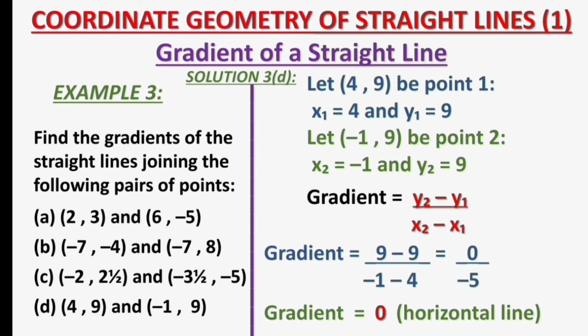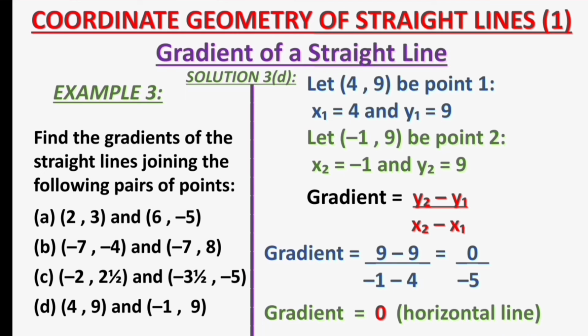When you substitute your values into the gradient formula, the gradient of the straight line in example 3d is equal to 0, and this represents a horizontal line. I hope you got that right again.